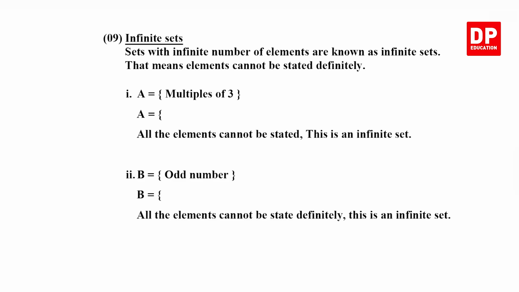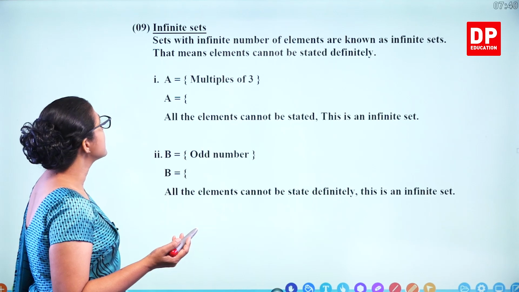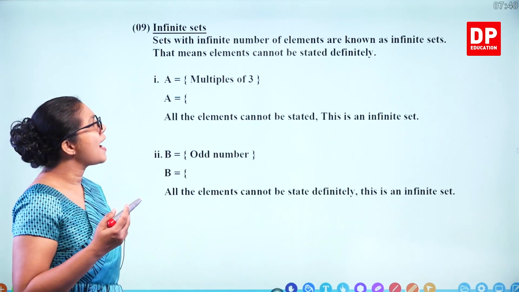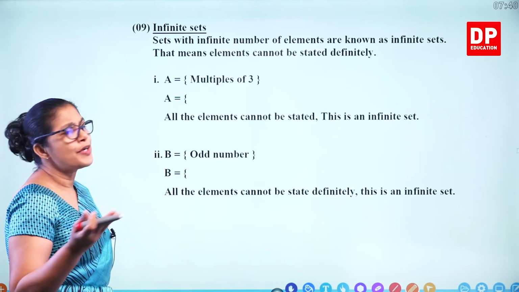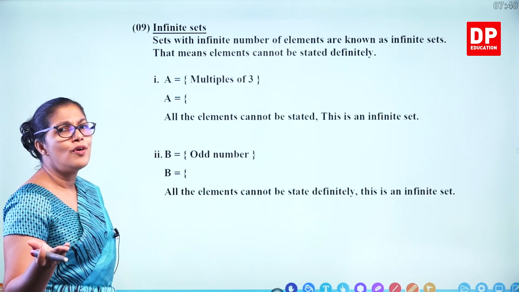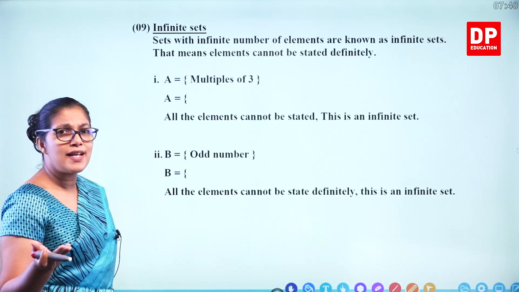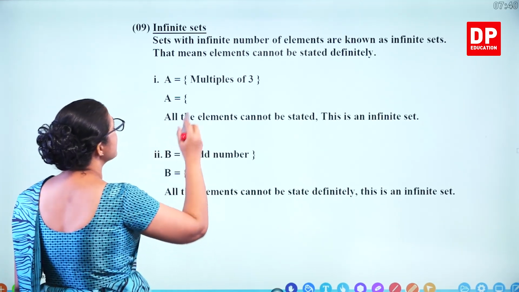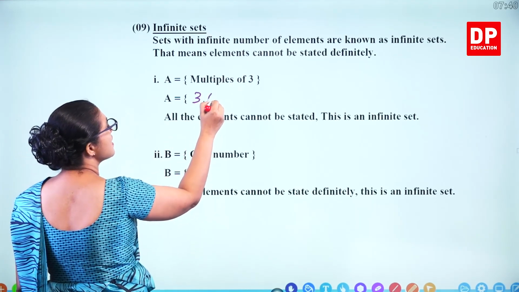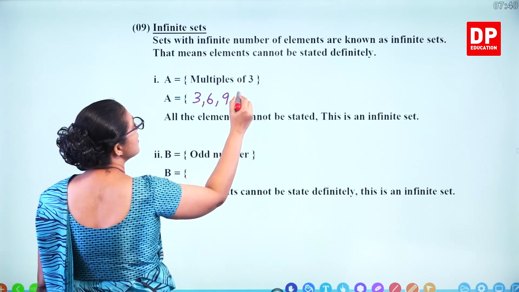Infinite sets are sets with an infinite number of elements. That means elements cannot be stated definitely. Multiples of 3. We don't know how far we have to write. There's no end to that. So those are infinite sets. 3, 6, 9, 12.